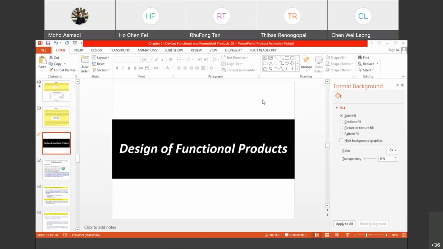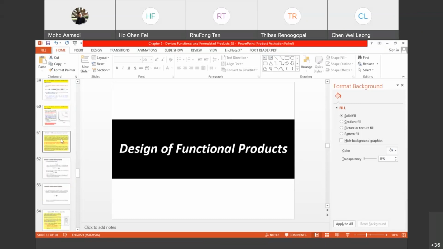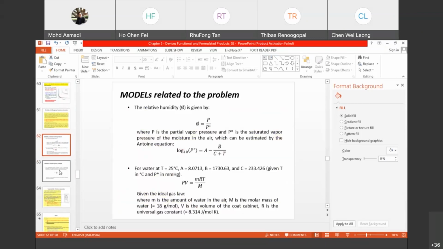Similarly, if you want to design the moisture absorber, later we will do this tutorial together. This moisture absorber, I don't think I'm going to explain the tutorials for this one, activity 5.2, because the solution is there already.